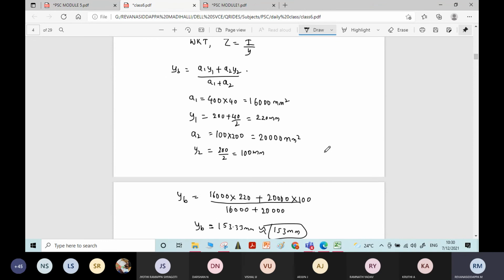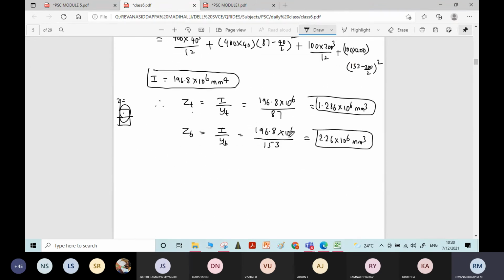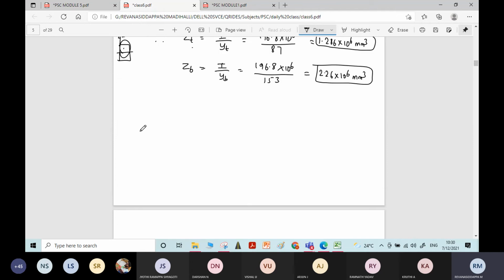Now you know live load moment MQ, you know section modulus Z. Now you can calculate live load stresses, that is M by Z. Individually at top and bottom fiber you need to calculate, because you have different values for ZT and ZB. If it is a rectangle, it will be a single value.